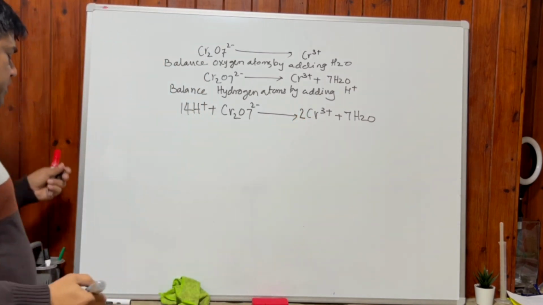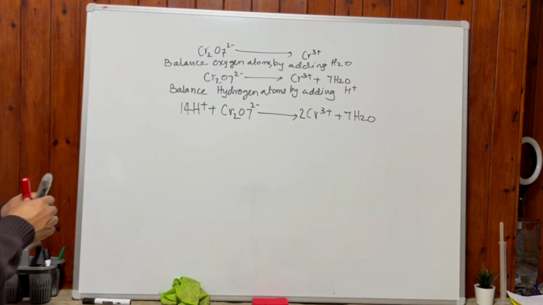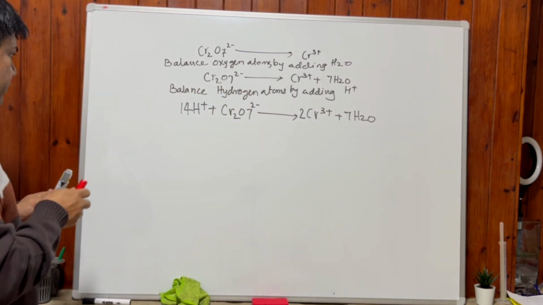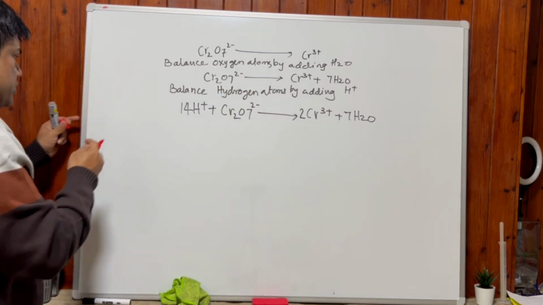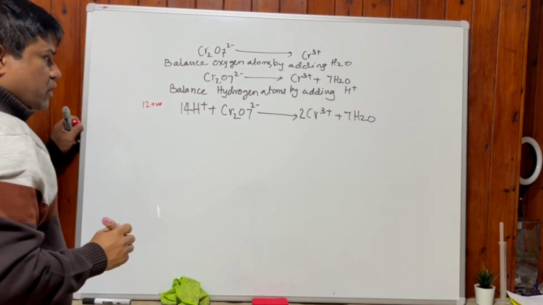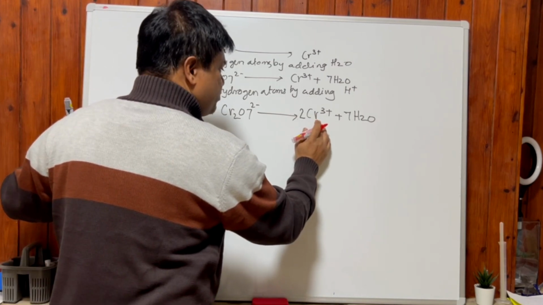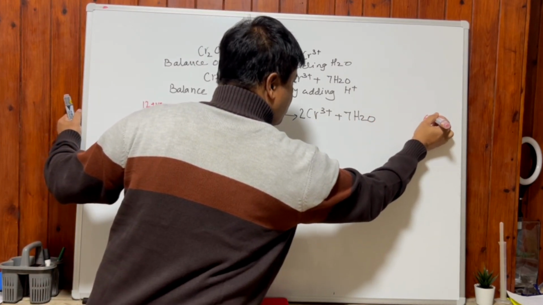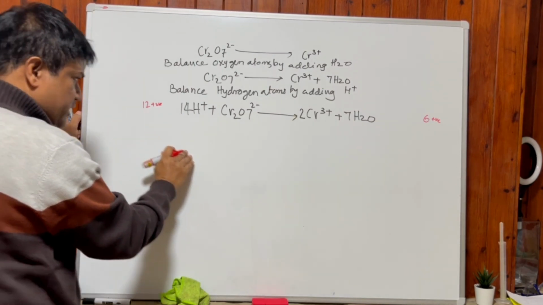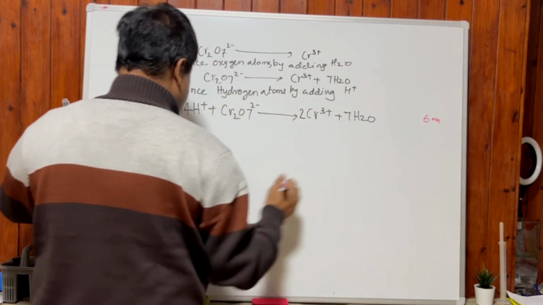Now charges. Let's balance the charges. 14 positive and 2 negative, so 12 positive on the left-hand side. How many positive on the right-hand side? 2 times 3, 6 positive. So out of 12 on the reactant side, it gives away 6.